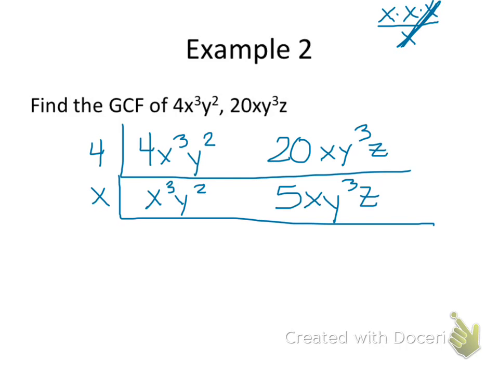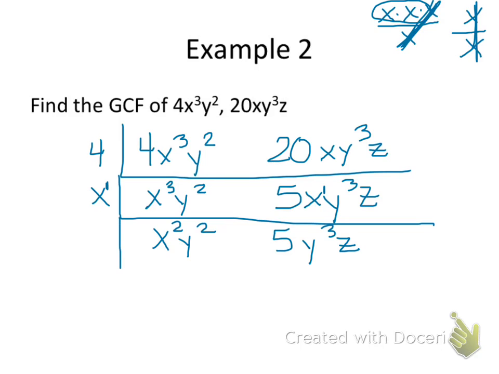I can cancel off one complete x, and I'm left with x squared. So what have I done? I've taken the exponent of 3 and subtracted 1 to leave me with 2. Bring down the 5. This x is like an exponent of 1, and if I divide by it, it's completely gone. x divided by x is a factor equal to 1, and they both cancel out. So I'm left with y cubed z.